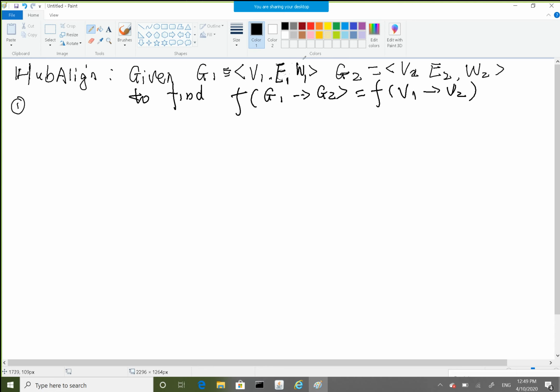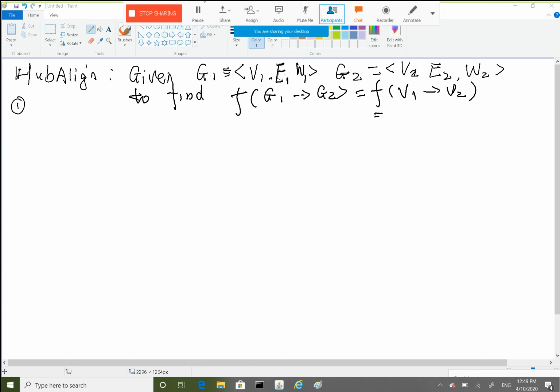This is the main idea. Now the question is, how do you measure this F? The author's idea is they emphasize the important nodes. They want to give more weight to the important nodes. Okay, let me know if you follow me, okay? And if you have any question, you can ask.